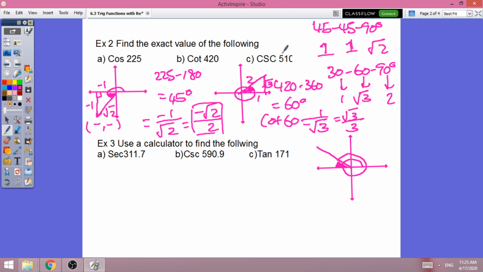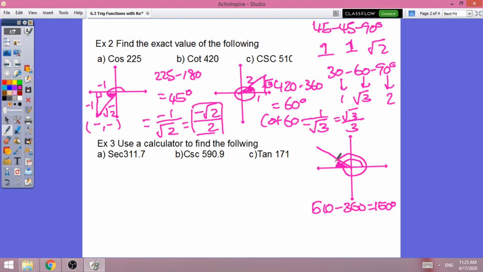So 510, let's find the coterminal angle first. 510 minus 360 gives us 150. So if you just go around the unit circle once, this angle is 150.